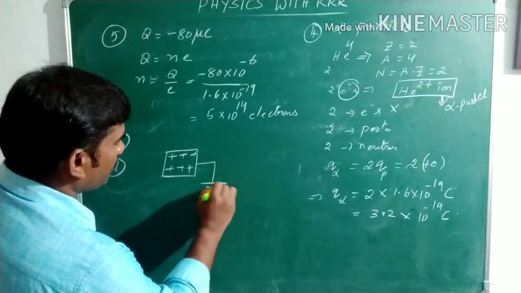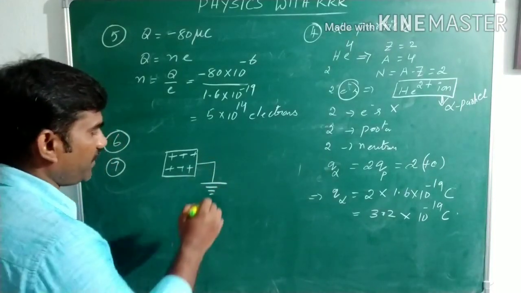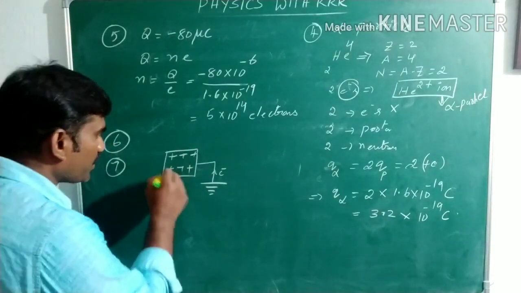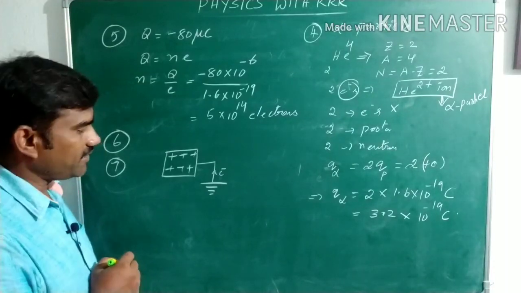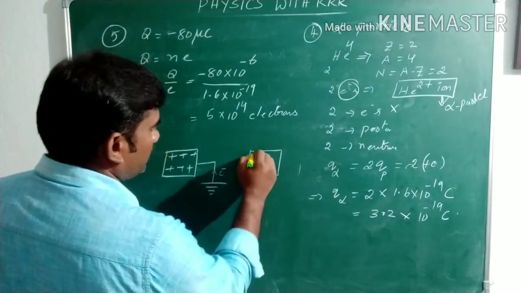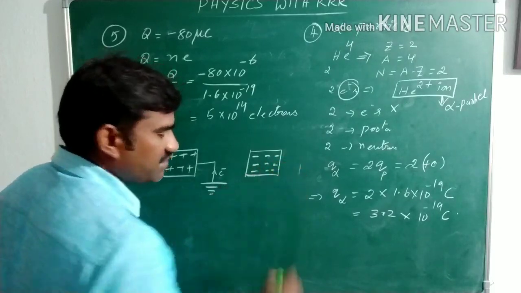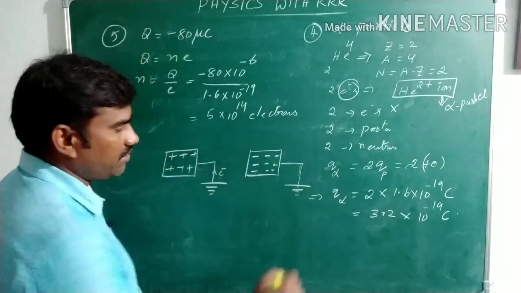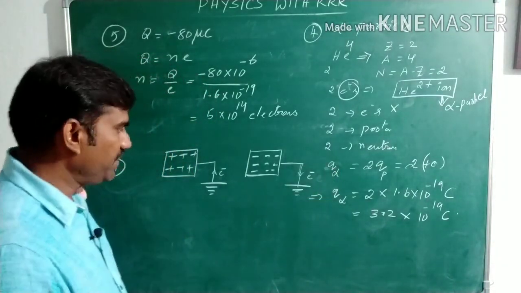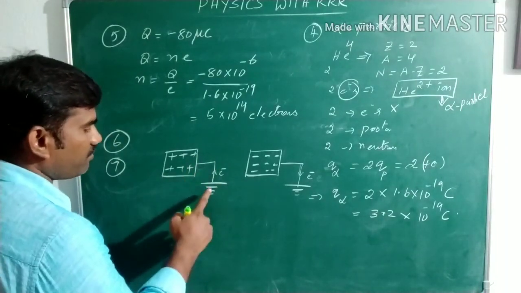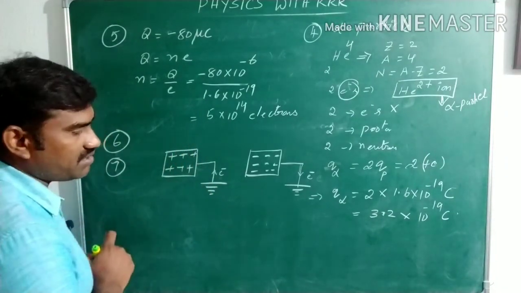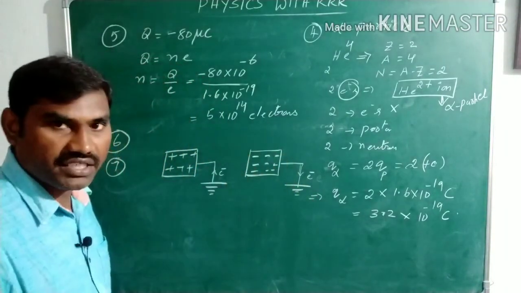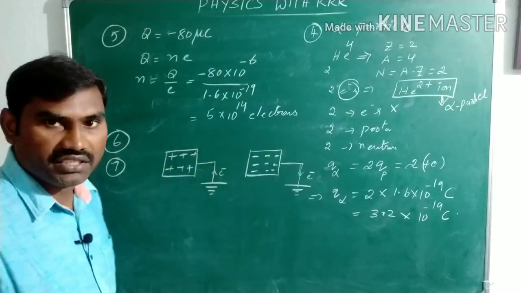So when it is connected to the ground, electrons flow from the ground to the conductor to neutralize it. When a body is negatively charged, it has an excess of electrons, so the excess electrons go into the ground. So if electrons flow from the ground to the body, it is a positively charged body.